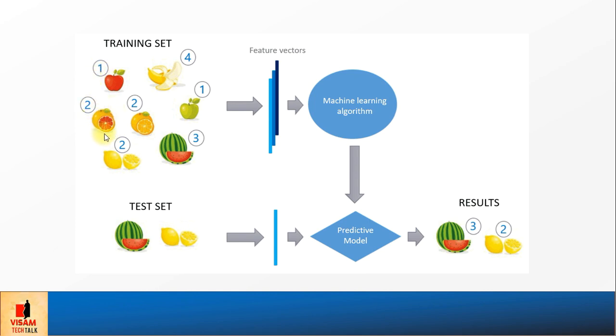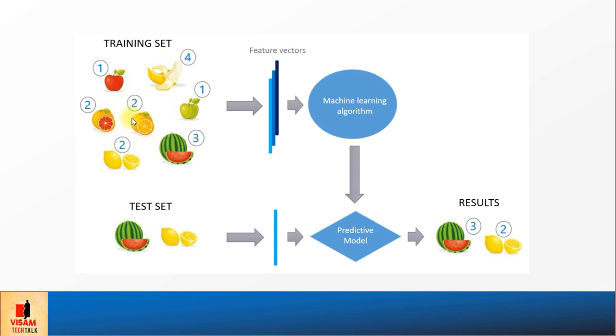A lemon, which is either orange, yellow, or red in this shape, is considered 2. Any input of this kind is considered 2. A watermelon is considered 3, and a banana is considered 4.